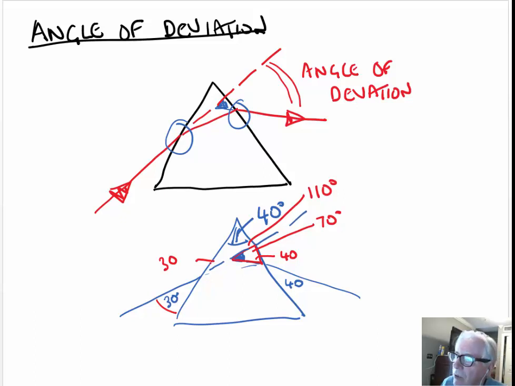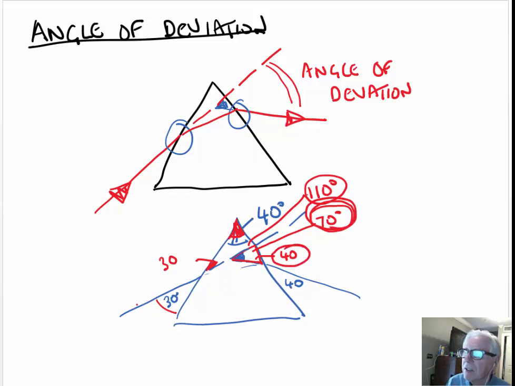So I went 30 degrees here, plus 40 degrees that I was given, makes 70. A triangle has 180 degrees in, so this must be 110. A straight line has 180 degrees in, so that must be 70. So I have that 70 and that 40 in a triangle.